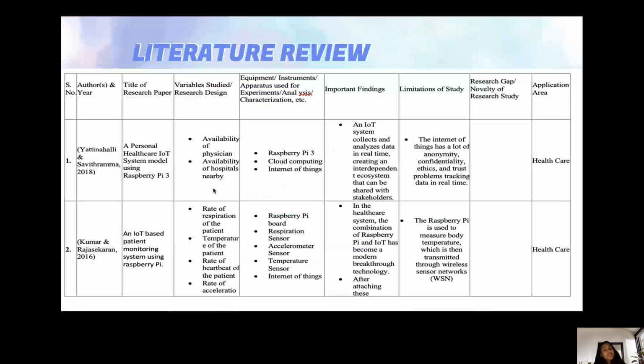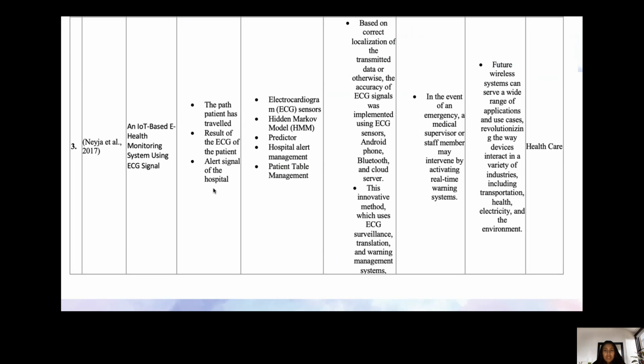So going back to the literature review, here in the important findings, we have discussed IoT to collect and analyze data in real time. Then we have discussed the healthcare system, the combination of Raspberry Pi and IoT. And then we have discussed ECG signals, then based on correct localization of transmitted data.